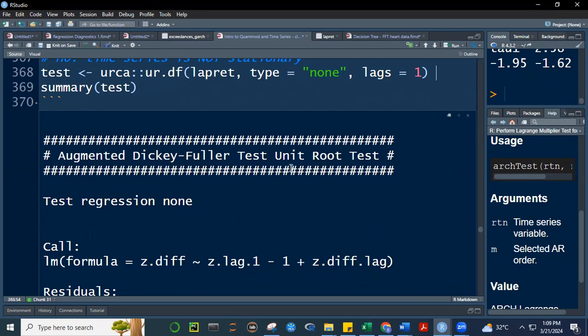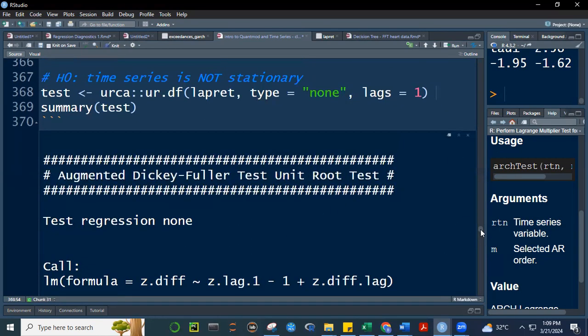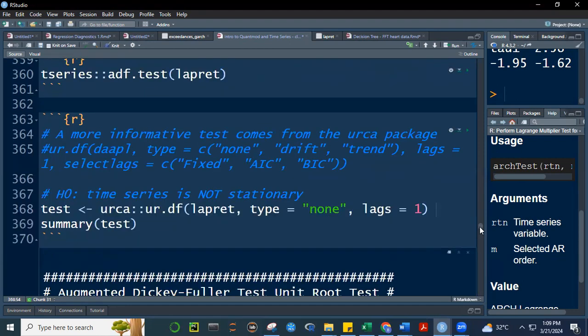So, augmented Dickey-Fuller test, unit root test. UR means unit root. And when you say that a time series has a unit root, it means that it is not stationary. Unit root means that the time series is not stationary. So the test here is just like the ADF test.